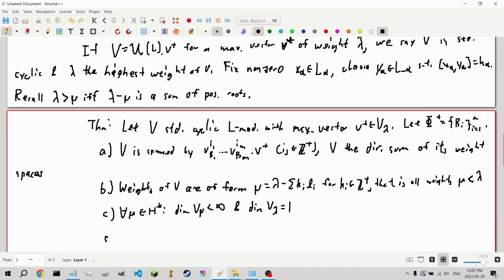Part D, I told you this is going to keep going. Each submodule of V is the direct sum of its weight spaces.